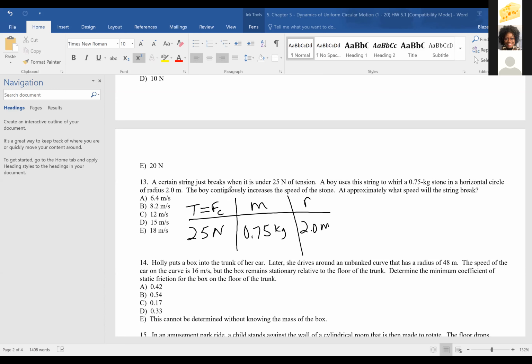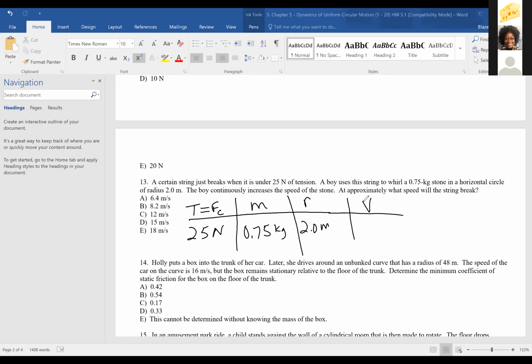The boy continuously increases the speed of the stone. At approximately what speed will the string break? So he wants to know at what speed V will the string break. So now what equation am I going to use? I have to use the equation that relates centripetal force to speed.